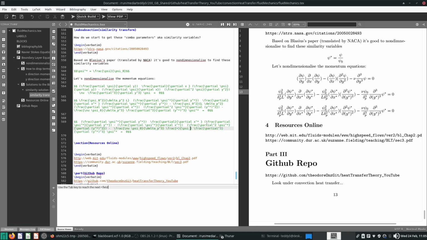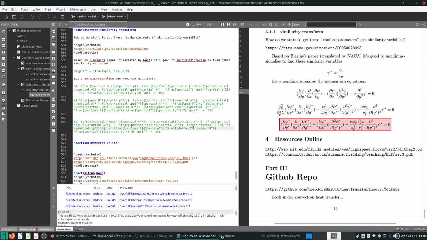Delta p squared and L will remain on top. This is how we do it.